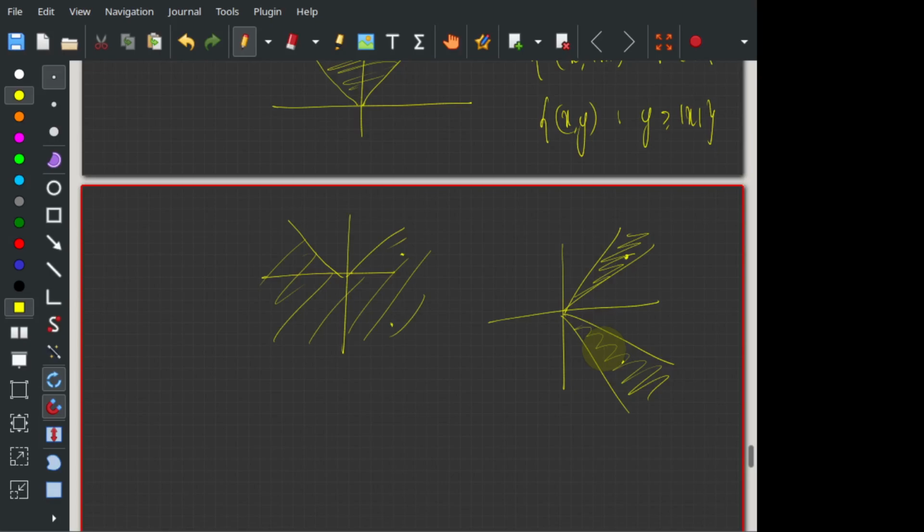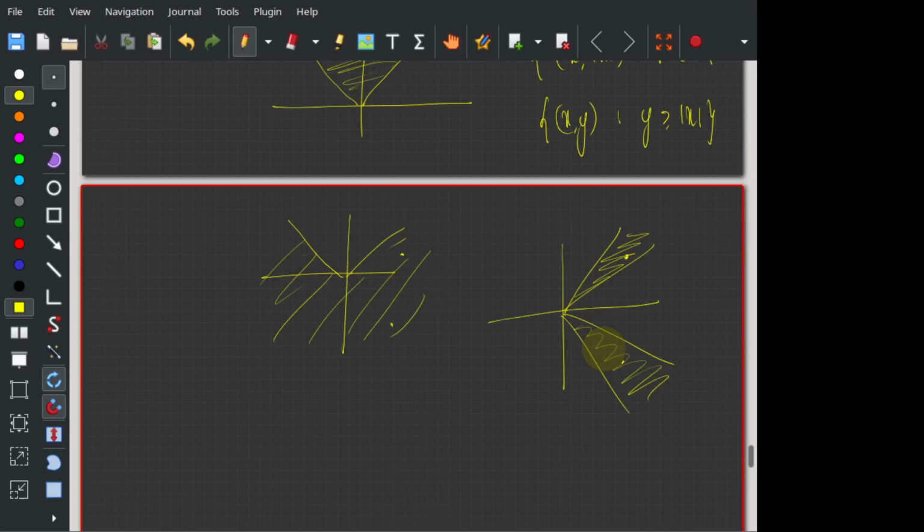Does that mean that any shape, any area containing the origin, is a cone? It doesn't have to be bounded. If it is bounded, is it a cone? For example, take a circle centered at the origin. Is it a cone?